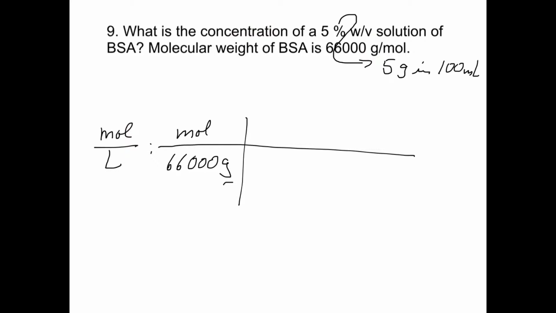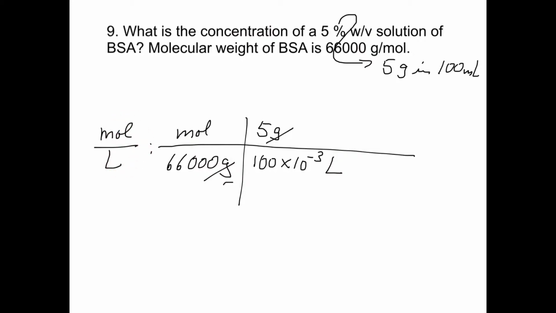So we can write this as 5 gram in 100 times 10 to the minus 3 liter. Now we see that the grams cancel out, and what we've got left is the unit mole per liter, and that is exactly what we want.